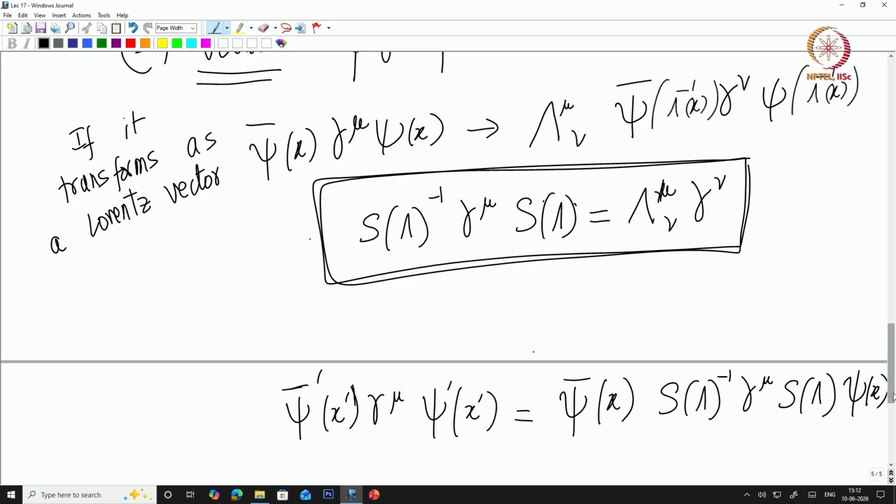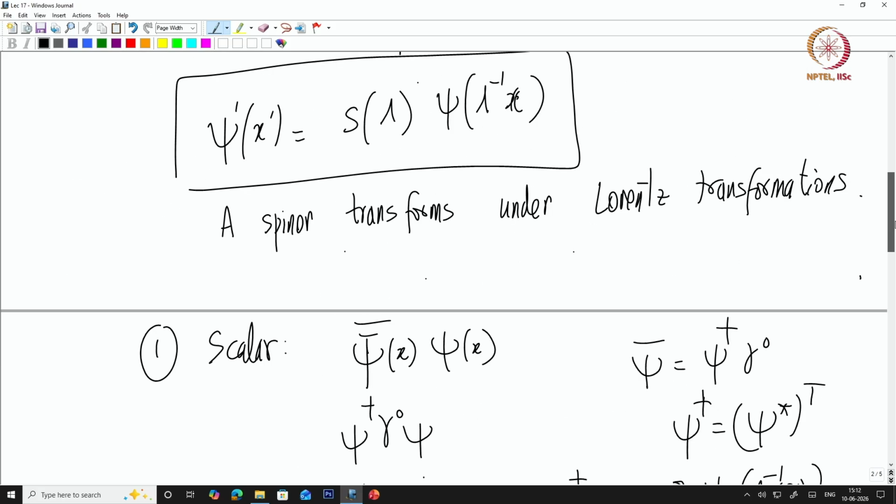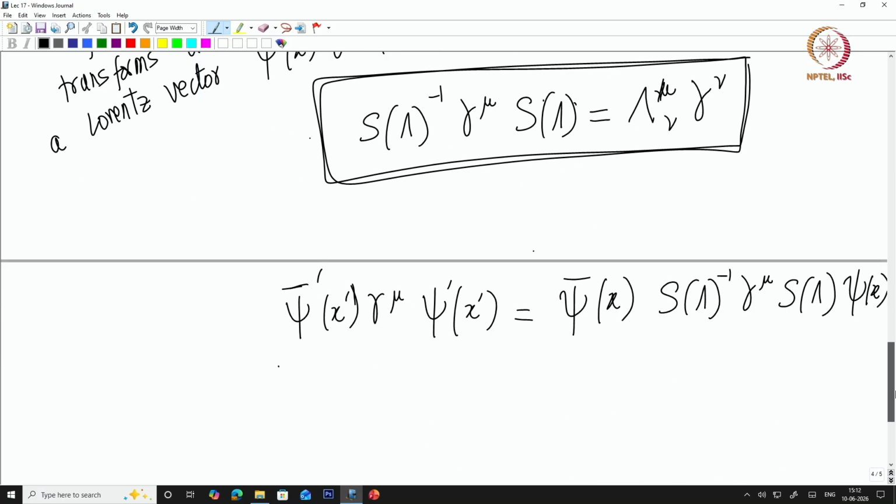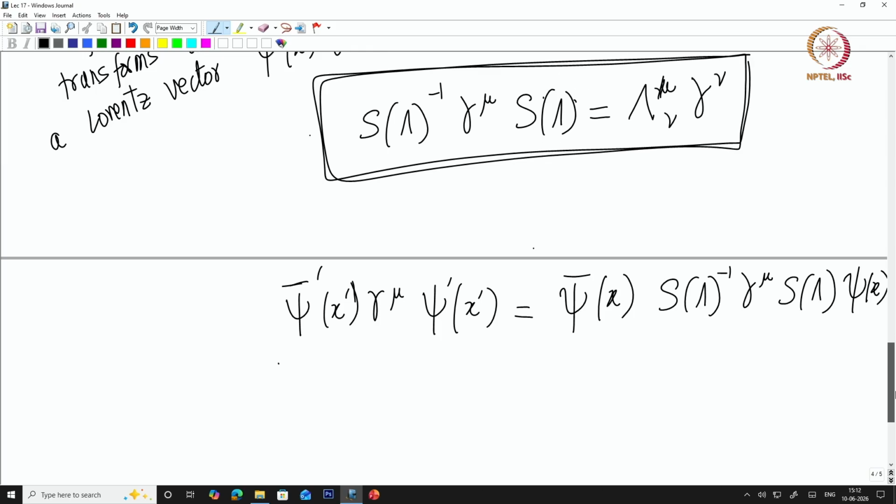This is obvious to see, because you need S inverse coming in, and just using S of lambda is equal to lambda inverse of x, lambda of x. So this will end up being this.